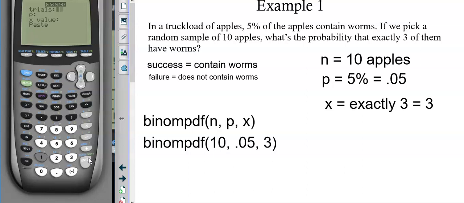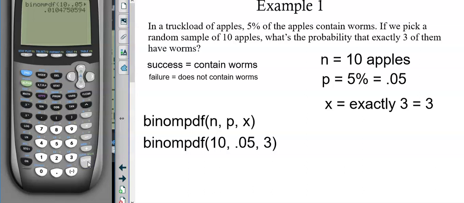Trials is 10. Our probability is 0.05. What we're trying to find is exactly 3, so we have 3 for x. We hit paste, and it gives us exactly what's on the screen right here. And we hit enter.